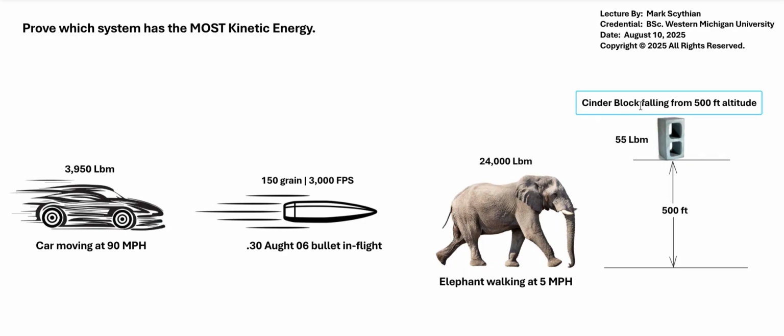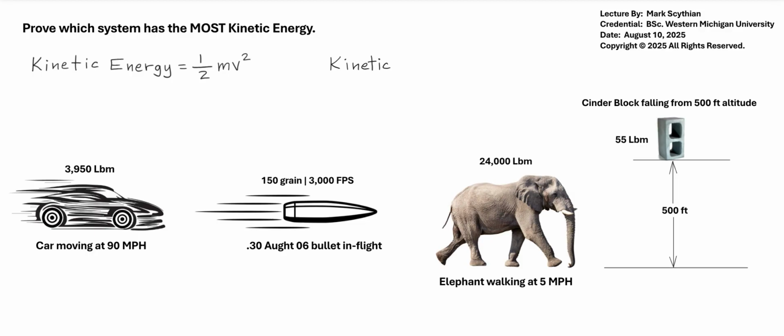So we should start with the cinder block because we have to calculate the velocity of the cinder block at its maximum value. So we start with the equation for kinetic energy, 1/2 mass times velocity squared.